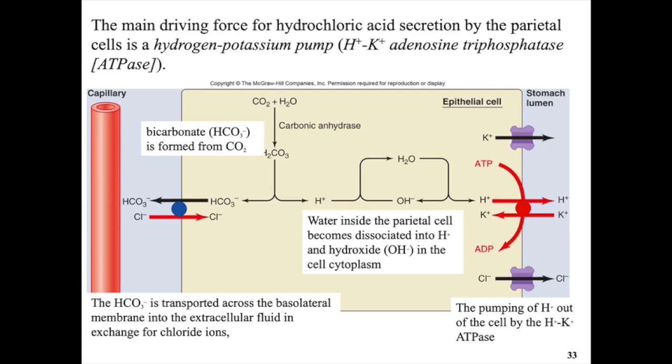So the pump is an element that is very important to understand, because if you think about gastroesophageal reflux, you think about ulcers, a great part of it has to do with the damage that is caused by the acid. Normally the stomach is somewhat protected against the acid by a series of components.